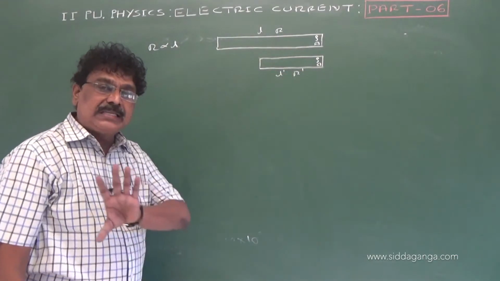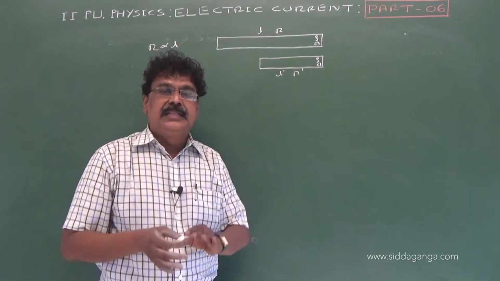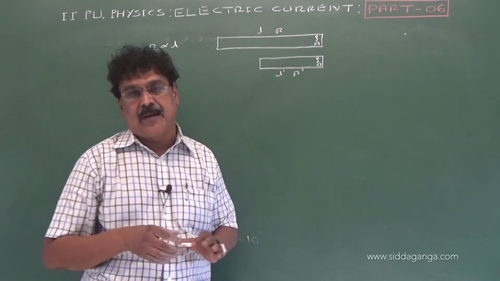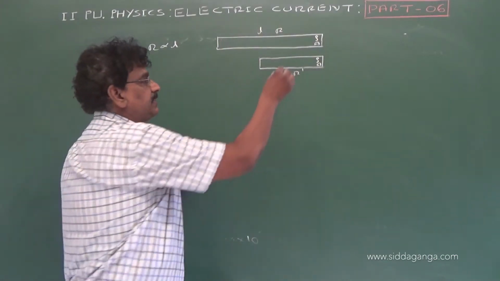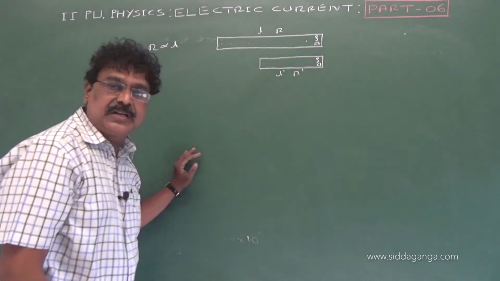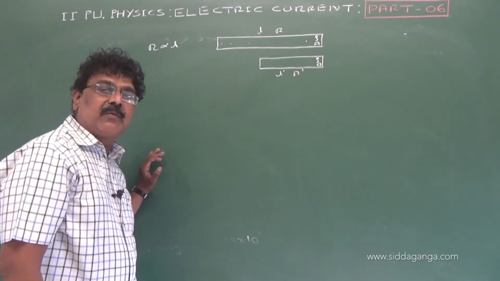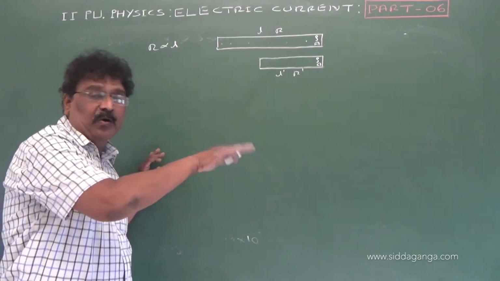Obviously, what is the cause for resistance? It is the collisions of free electrons with vibrating ions. Consequently, as the length increases, the number of collisions encountered by a free electron moving from one end to the other end of the conductor is more.